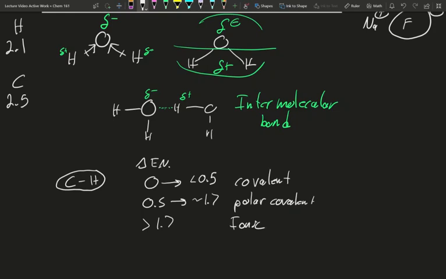Now these are not hard and fast. These are rough values. They generally hold true, but hydrogen and fluorine do make a polar covalent bond, but they're actually different by 1.9. Hydrogen is a little bit of an exception, as it always tends to be.